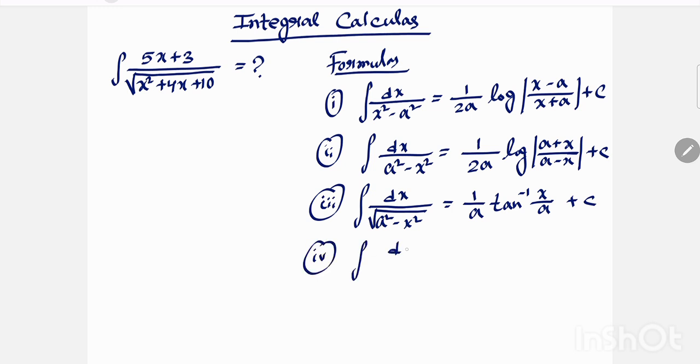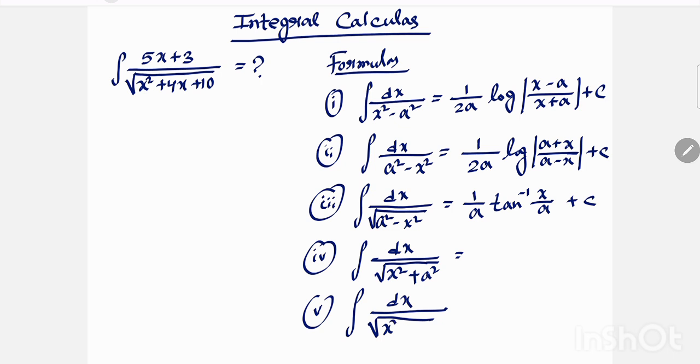Now for integration dx by a square root, this is for when under the square root a square is the first term. And when x square is the first term, x square plus a square, or another case where x square is the first term but there is a minus.